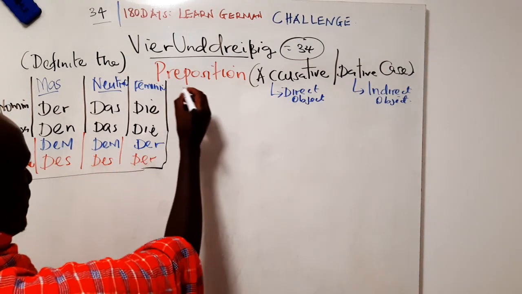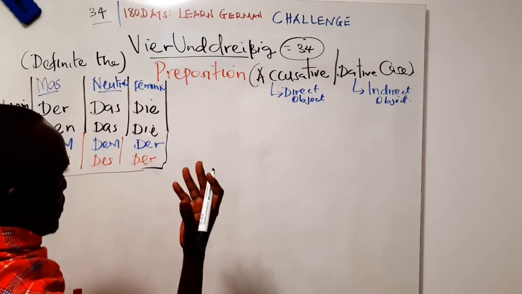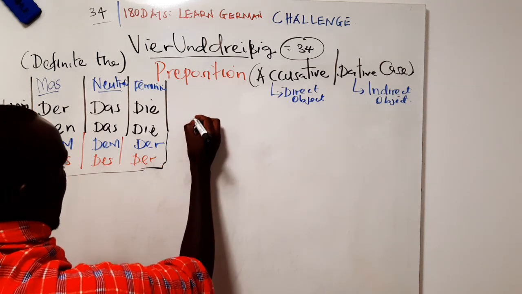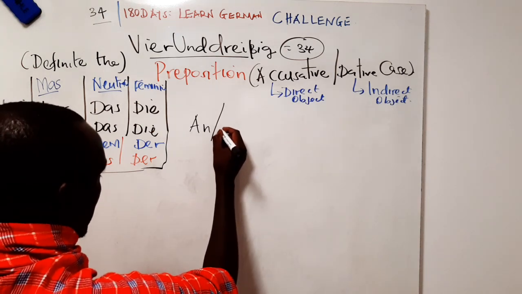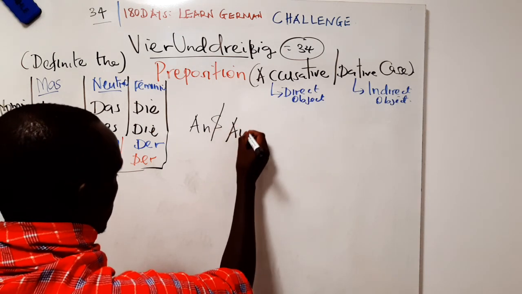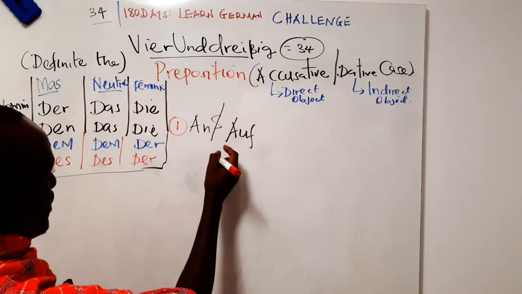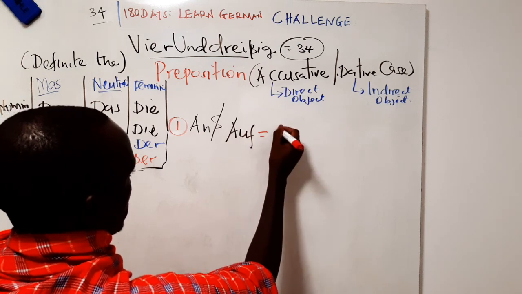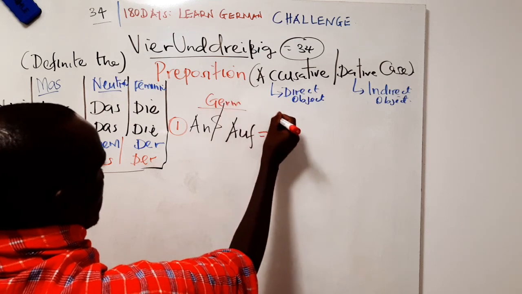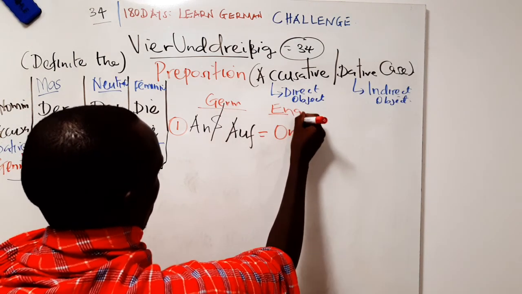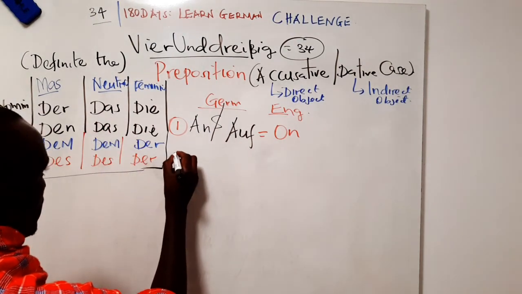So what are the prepositions in this case? There are 8 prepositions. The first one is an and auf. So this is number 1, an and auf. Here we can write German, then English. So an, auf is on.